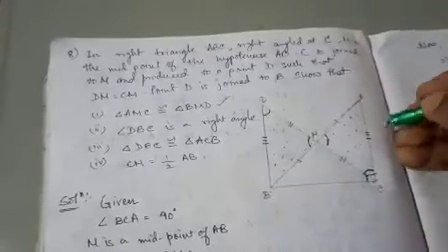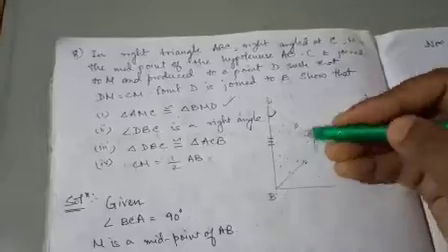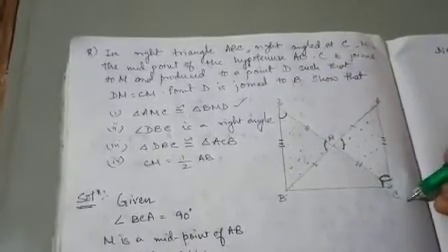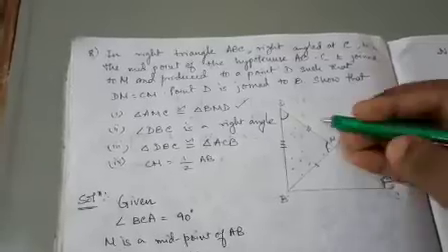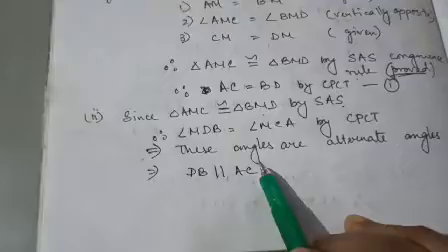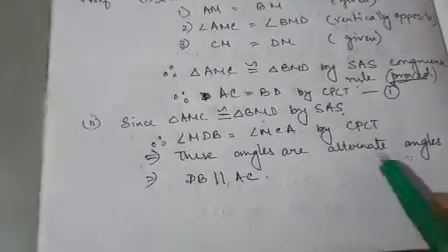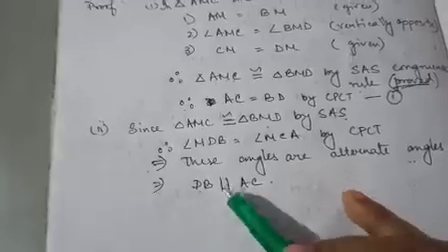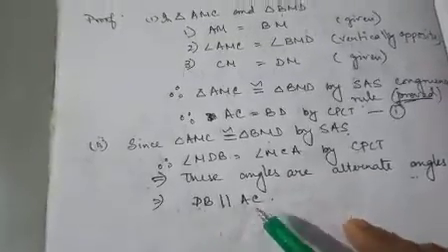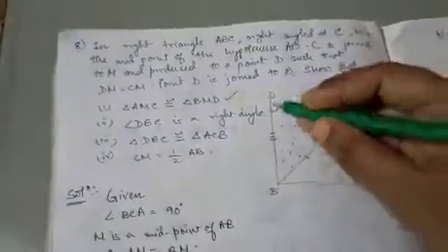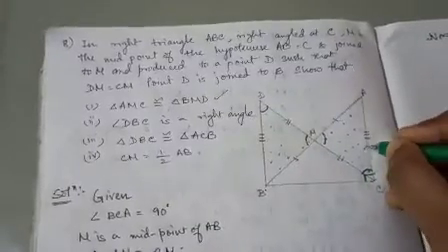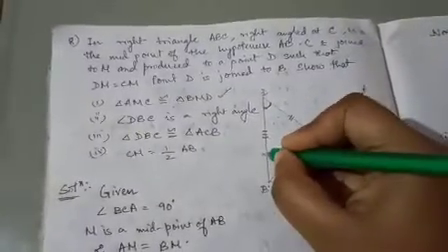If we consider AC and BD as lines and CD as a transversal, then these two angles are alternate angles. Since these angles are alternate, we can say DB is parallel to AC.